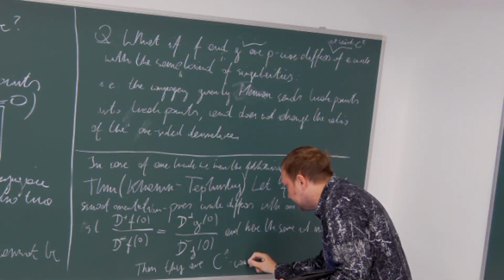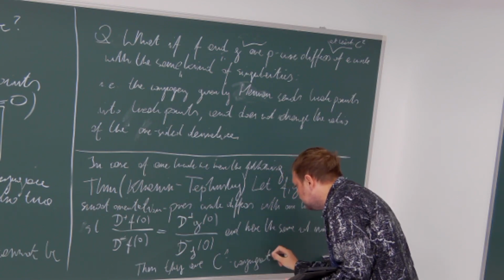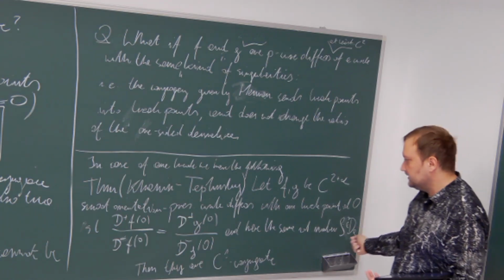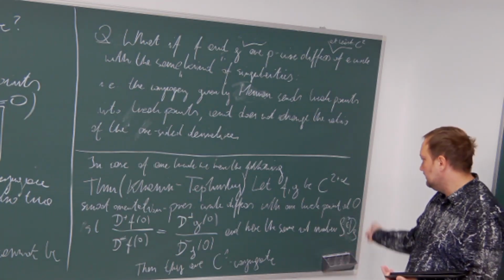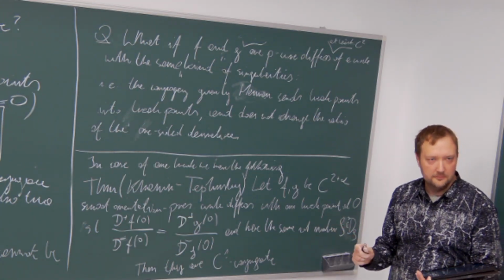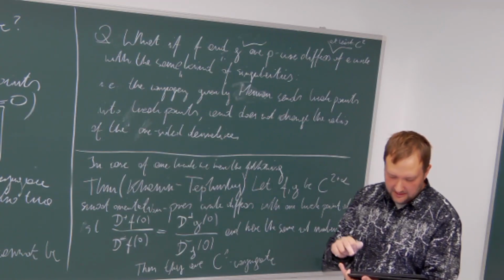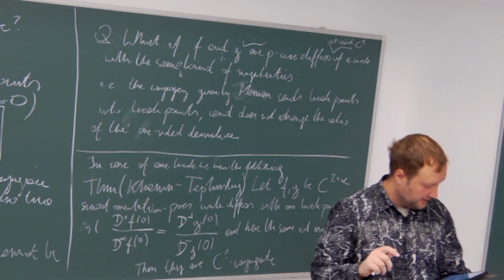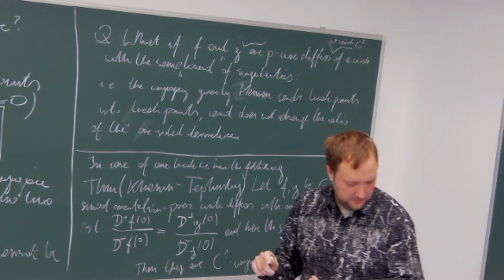Then they are C1 conjugate. And right away, the natural question is whether we can take any irrational number, but then we have also Khanin, but this time with, I think, yes, Khanin, no, sorry, Kocić-Teplinsky.